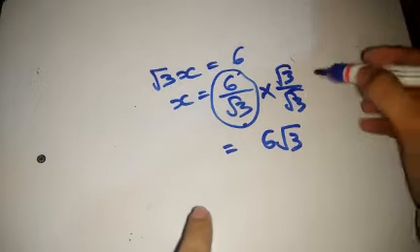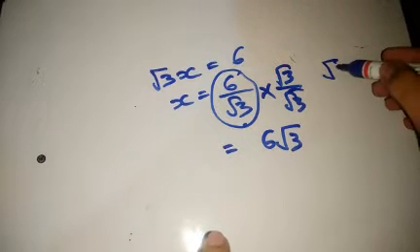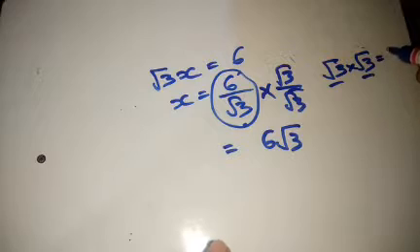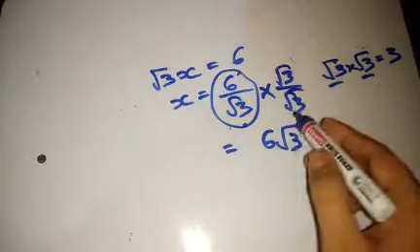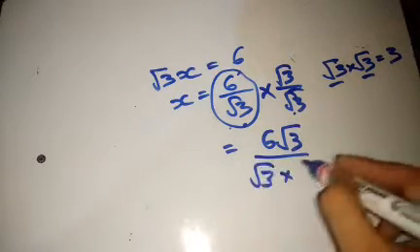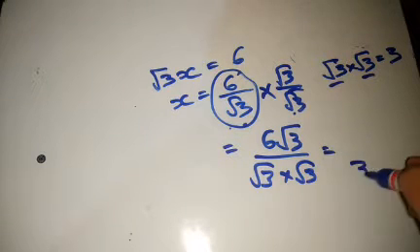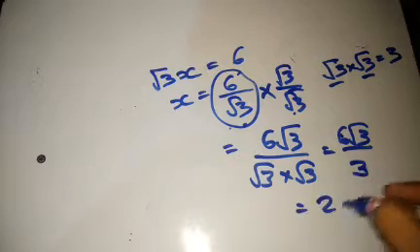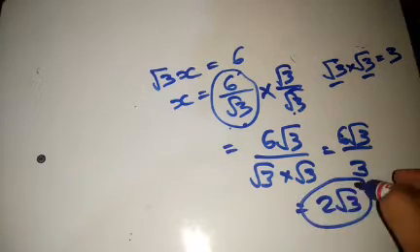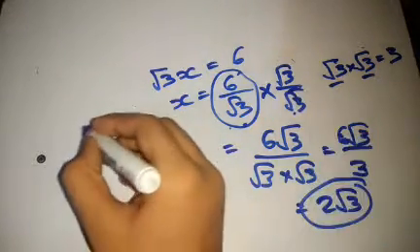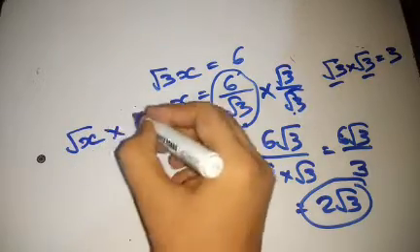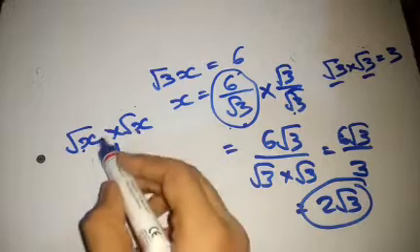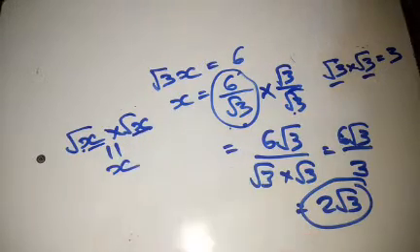There is a rule that if we multiply a root number by the same root number, we get the number itself, so root 3 into root 3 will be 3, and 6 root 3 by 3 will be 2 root 3. This is the answer. This is the trick you should know. You will study it in higher classes, but I am telling you: if root x into root x, then this will give us x.